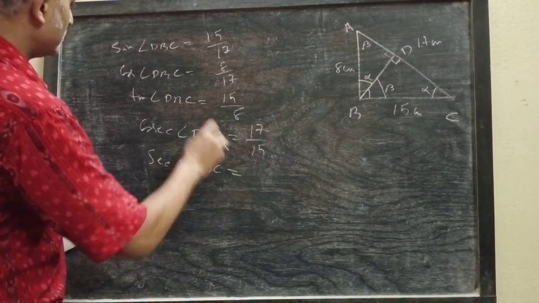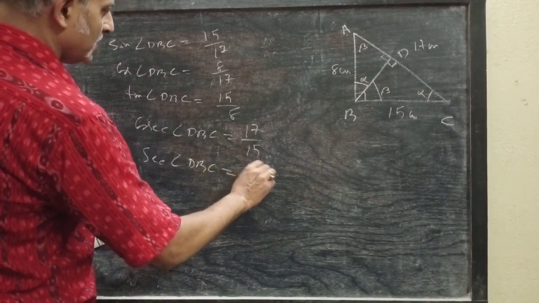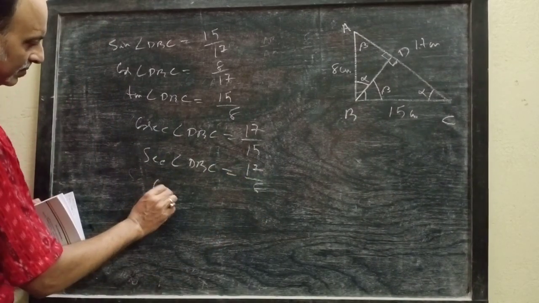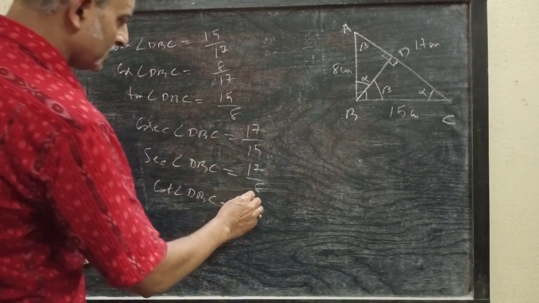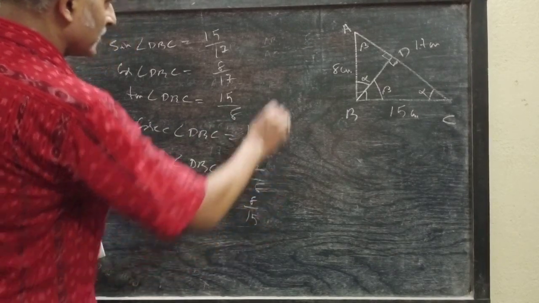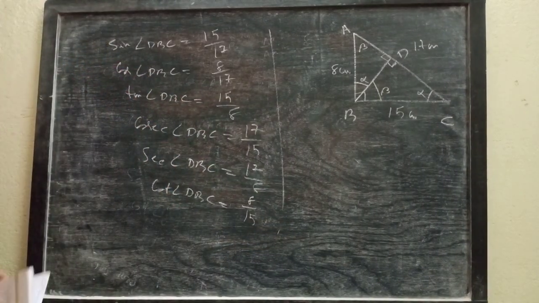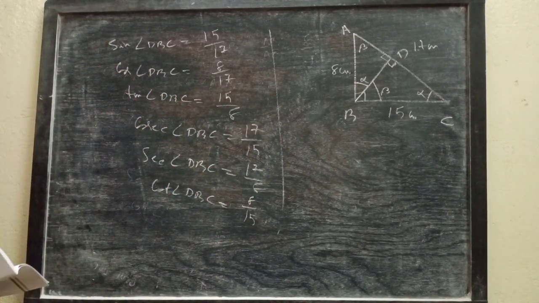Sec angle DBC, reciprocal of this, that is 17 by 8. Cot angle DBC, reciprocal of this, that is 8 by 15. Okay. Next question.